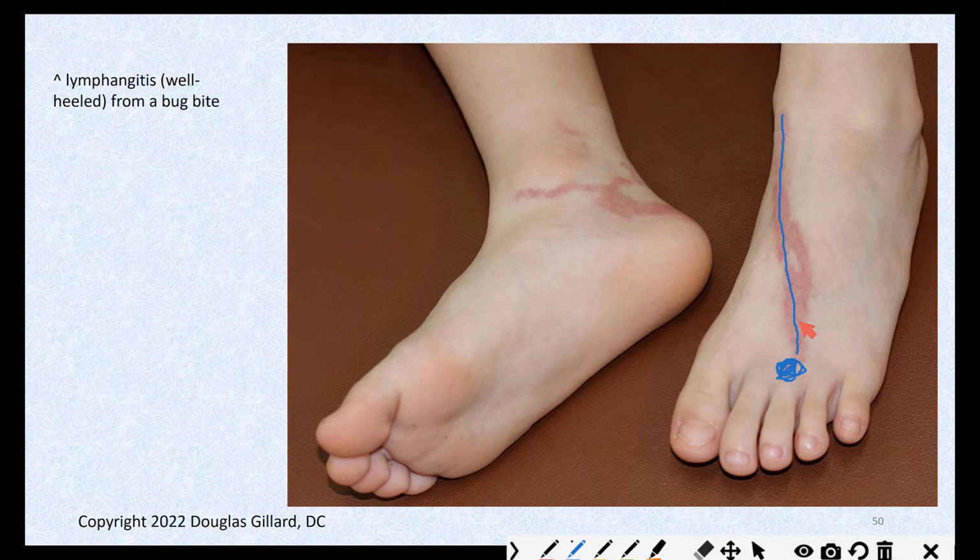But these bugs are so wicked that they're able to dig into the walls of the lymph vessel and cling there and start to breed.